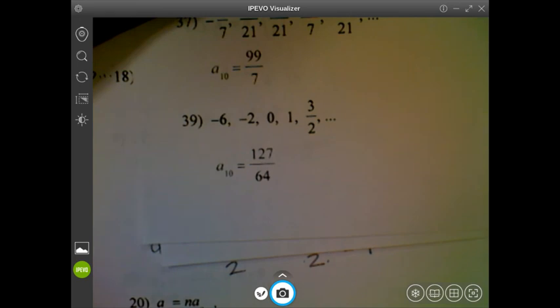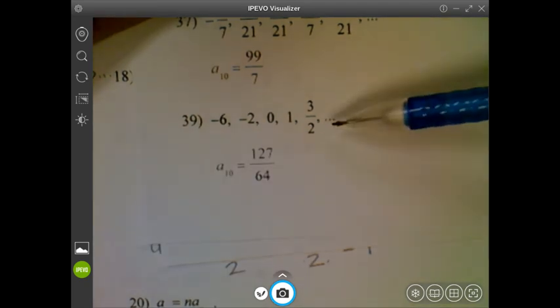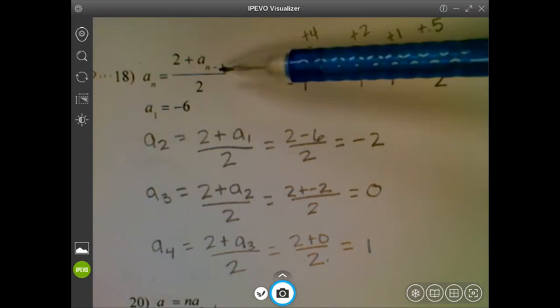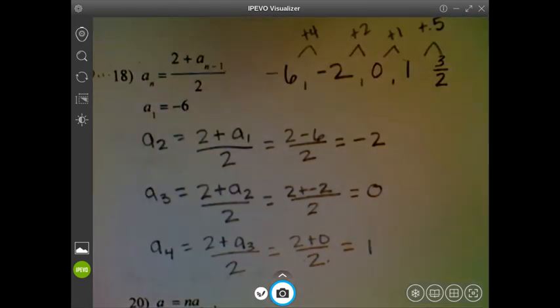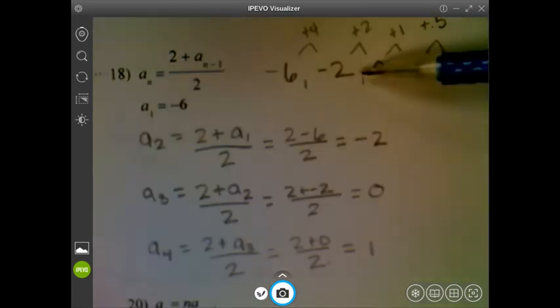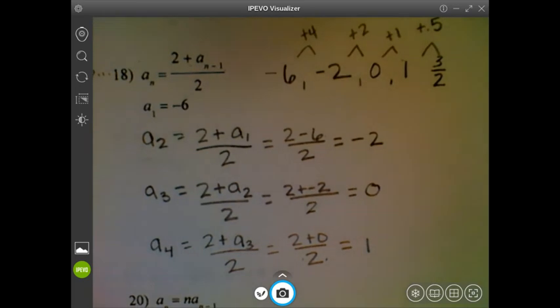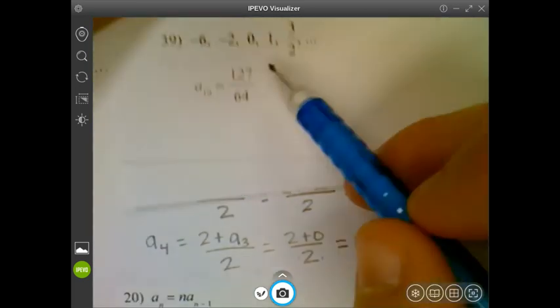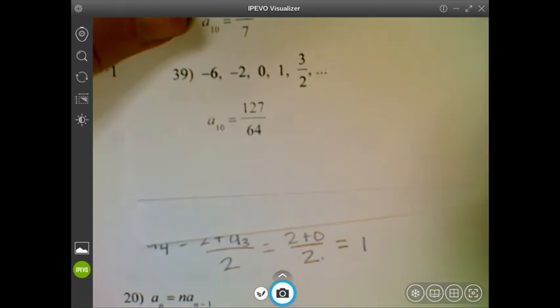And on your homework, you were asked to write the explicit formula and to try to write a formula if it wasn't arithmetic or geometric. So this one was really hard to write the formula, and it's actually best represented as a recursive formula. That gave us the exact same sequence. But once you recognize the pattern, right, you could go ahead and figure out a sub 10 by keep going.